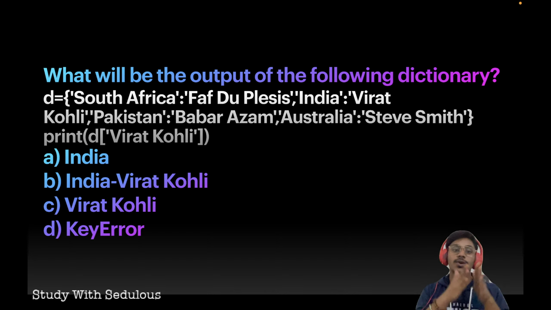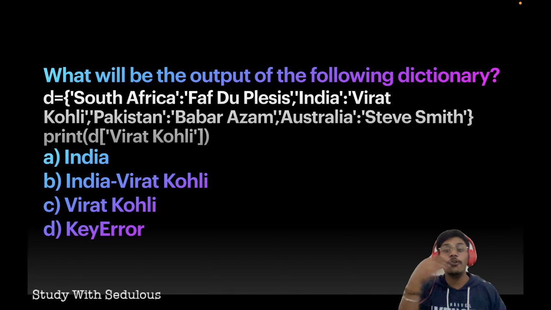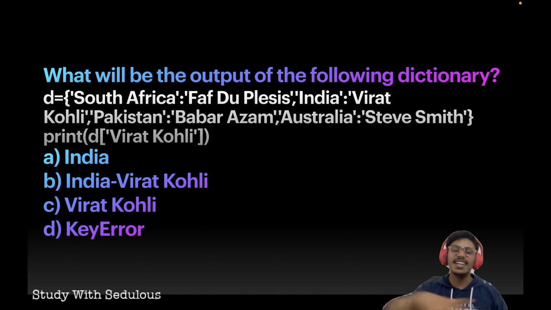So if a key is called, a value would be printed. If a value is called, a key won't be printed. Here the key is India and Virat Kohli is just a value. So if Virat Kohli is called, nothing would be printed. It will just say key error. There's no key like Virat Kohli in this complete dictionary. So the answer should be D.